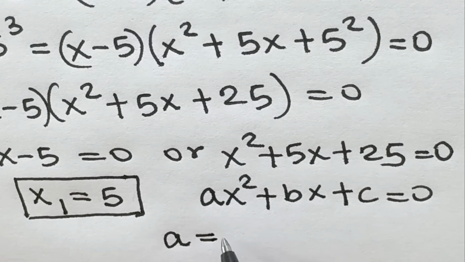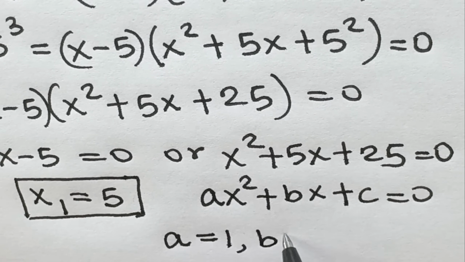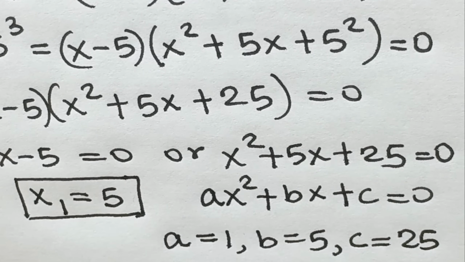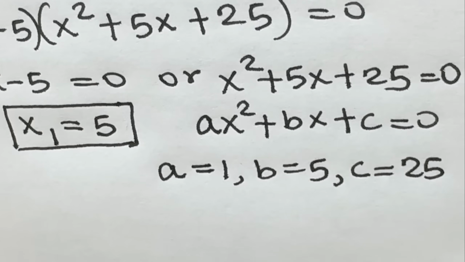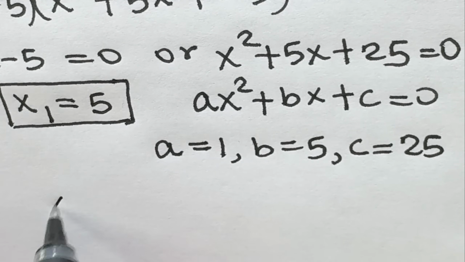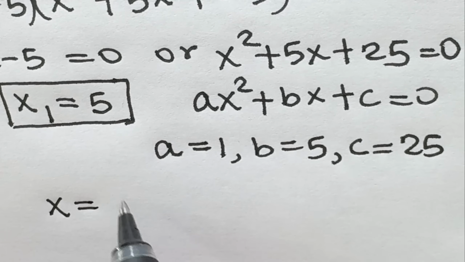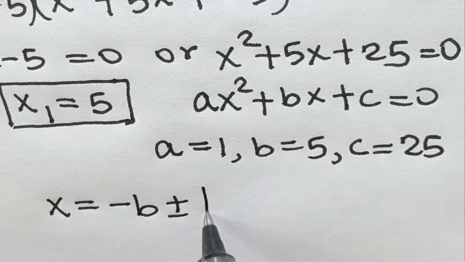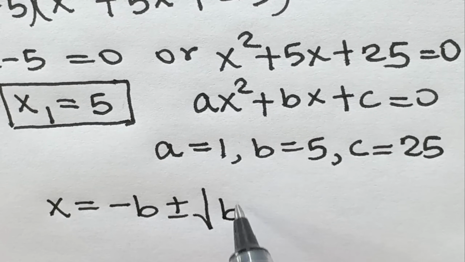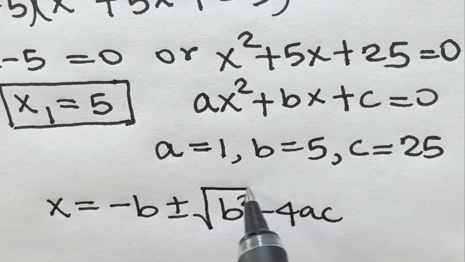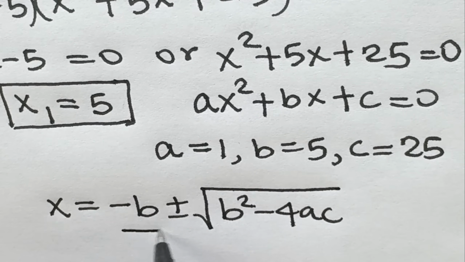A is 1 in this case, b is 5, and c is 25. Now, using the general quadratic formula, x can be found using minus b plus or minus the square root of b squared minus 4ac all over 2a.